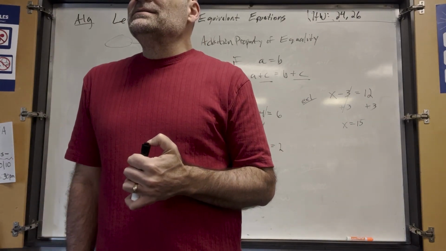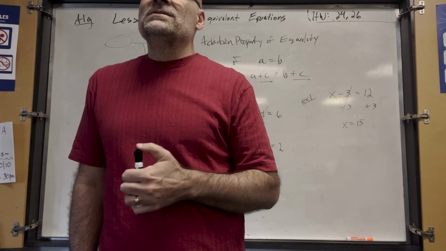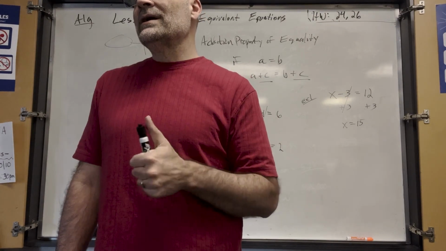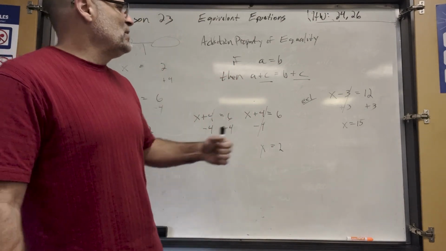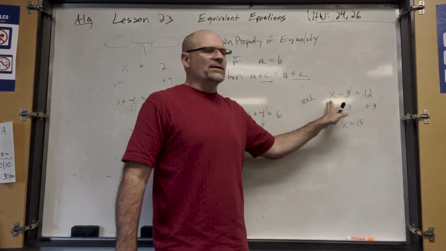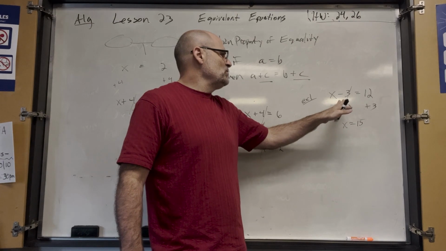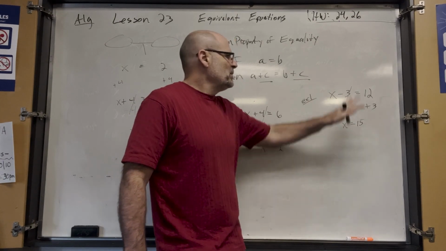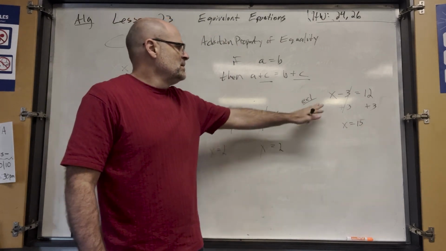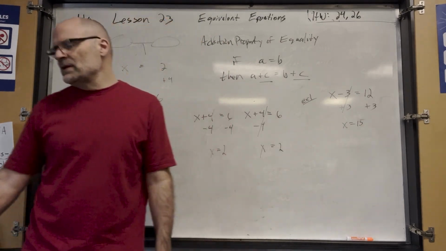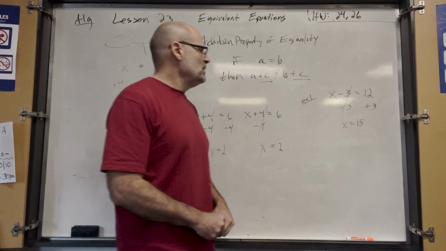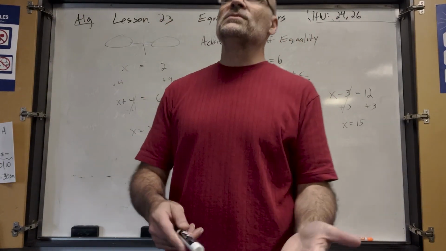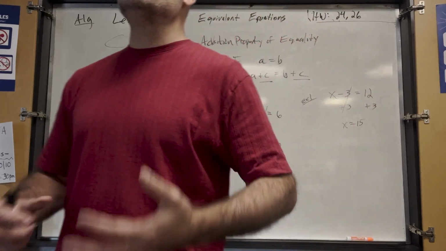Algebra does the thinking for you, and so when you're doing algebra, you think you're doing math forward, but really, you're trying to figure out where you started. X minus 3 equals 12. Well, where did you start that when you subtracted 3, you got 12? Well, if you do algebra this way, you're just applying the properties of equality, then you end up where you started, so you kind of went backwards, but you thought you were moving forward.